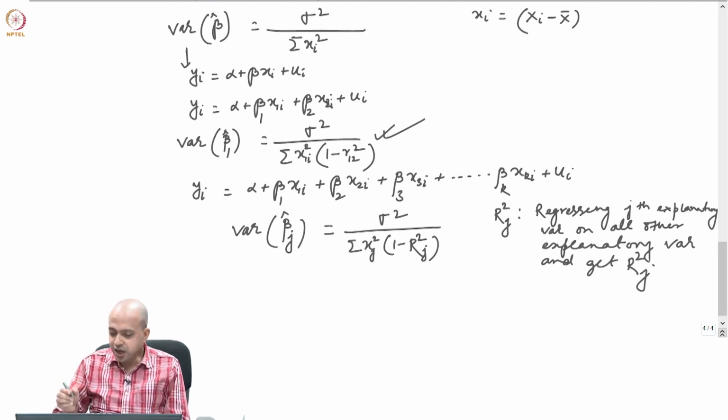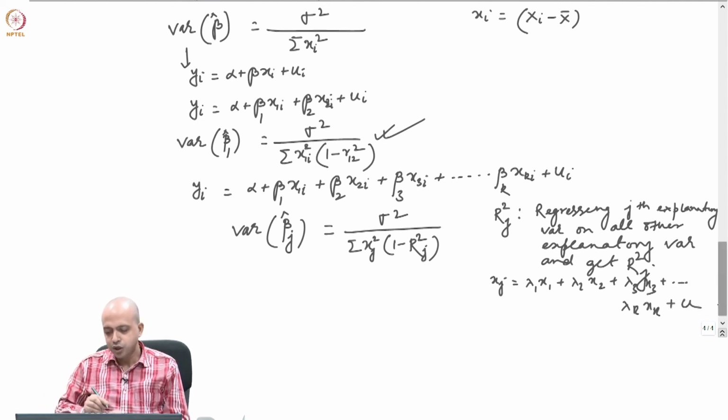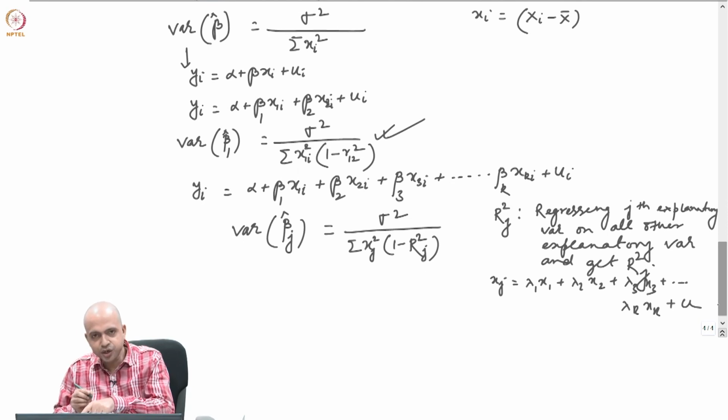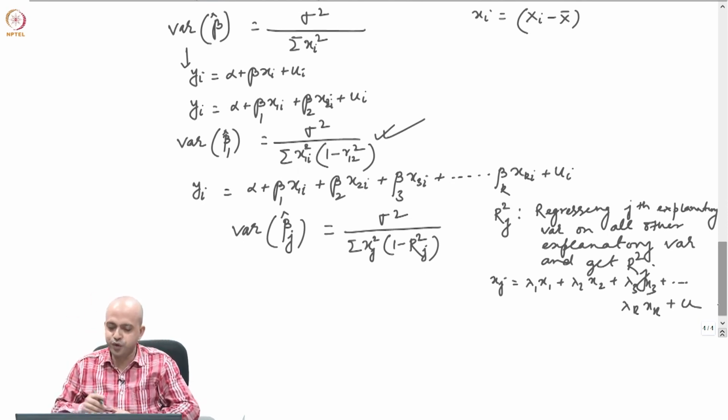So, they are basically asking you to run this type of regression. So, this is your xj equals some lambda 1 x1 plus lambda 2 x2 plus lambda 3 x3 plus dot dot dot lambda k xk plus some u. That means I am regressing the jth explanatory variable on all other explanatory variables and collecting the R square, and that R square is basically this R square.